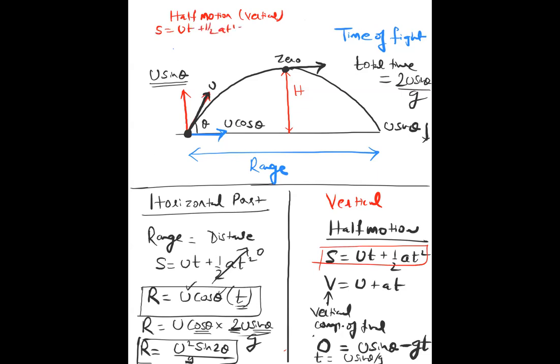I have to take vertical displacement, initial vertical velocity. Time already we have the formula. Half time we have the formula. And minus because acceleration is in downward direction. Again time. Okay, if you solve it, okay.